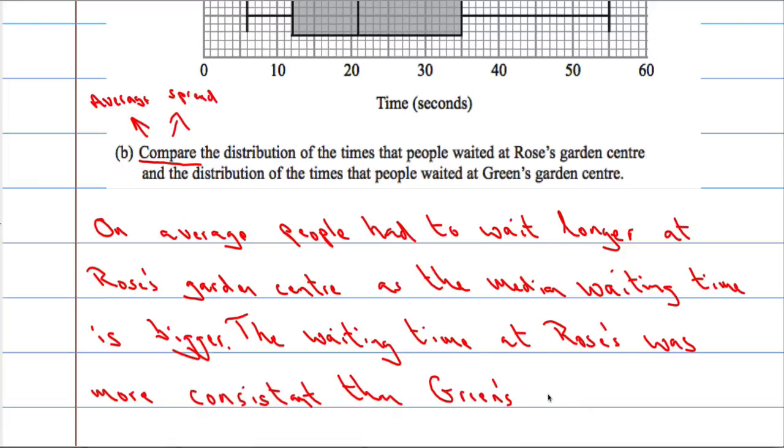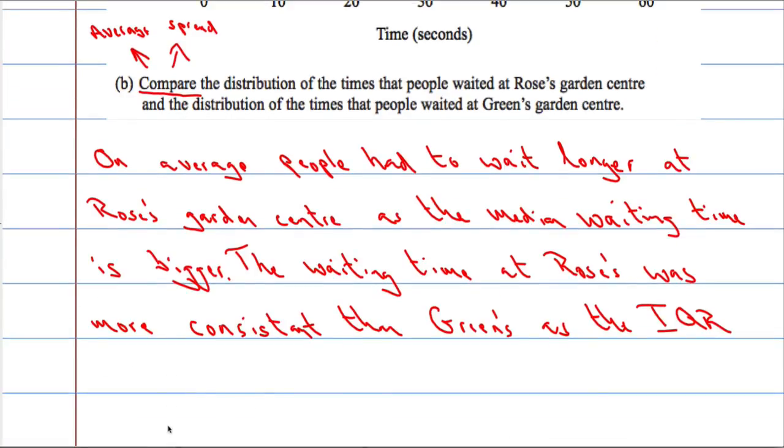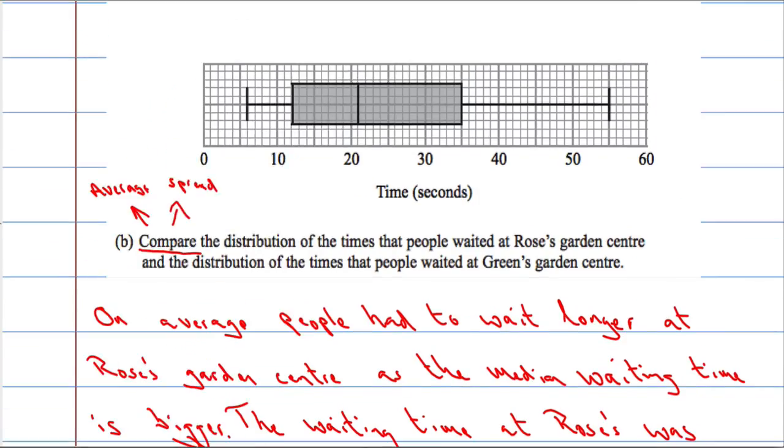The reason is the interquartile range is smaller. Smaller interquartile range means the data is less spread out, which means it's more consistent. It's less variable.